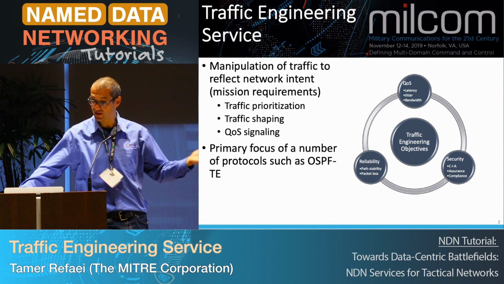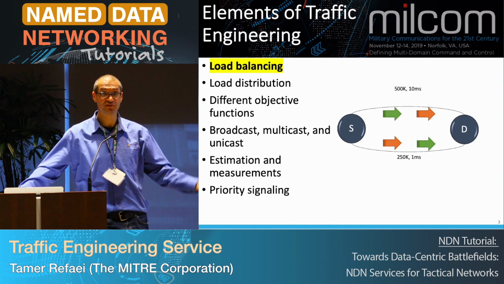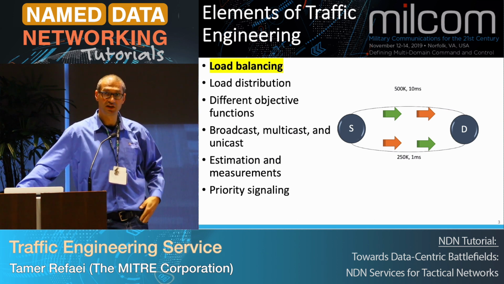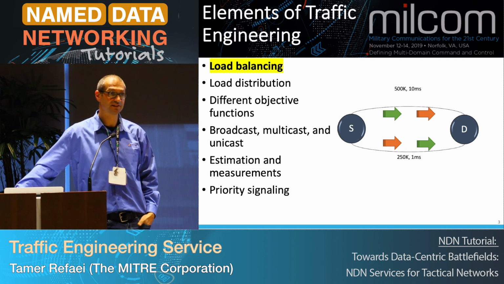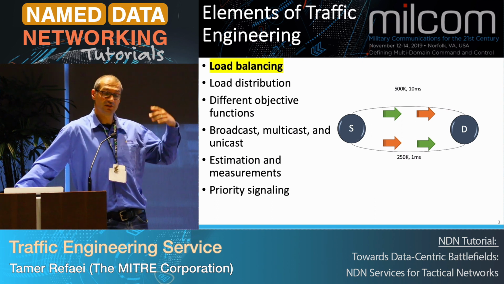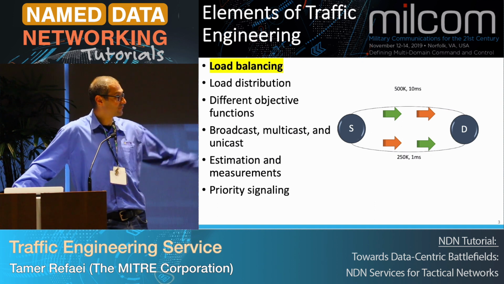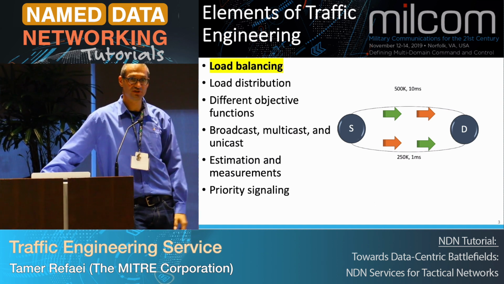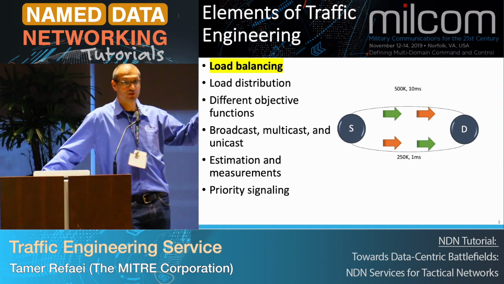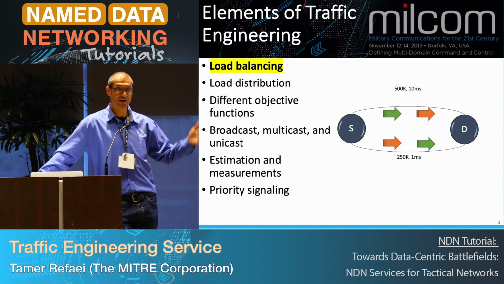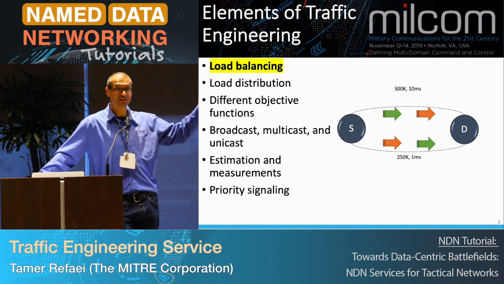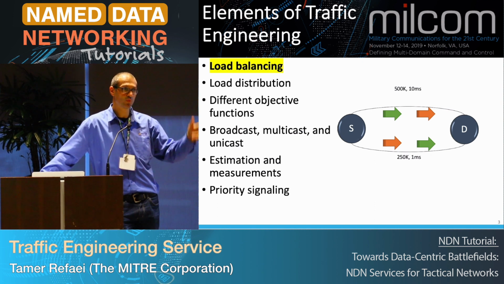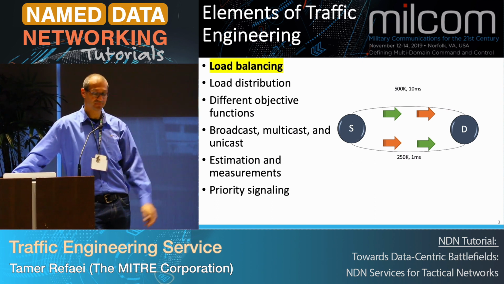So I'm going to look at some of the elements of traffic engineering just at a high level to describe what they are, and then I'm going to go into how some of these concepts can be realized in an NDN environment. So, for example, load balancing. If I have two nodes, a source and a destination, and I have two links between them, this notion of load balancing is looking at how I balance the traffic going across these two links so that I'm not utilizing one of them all the time and not the other.